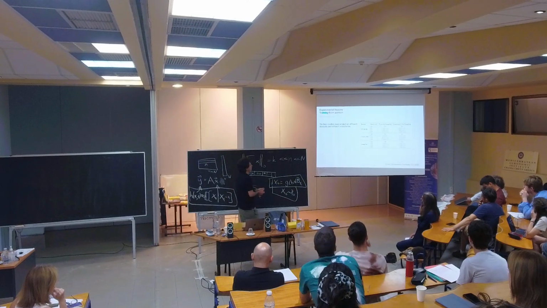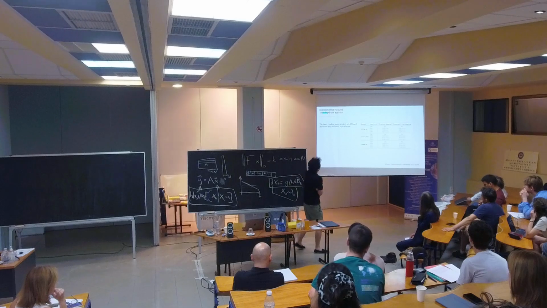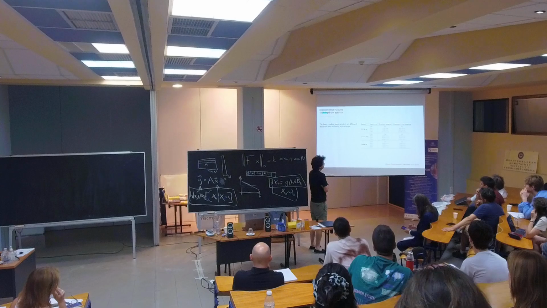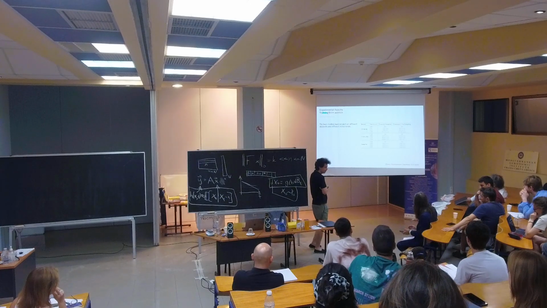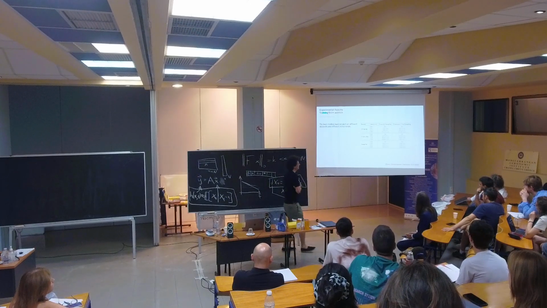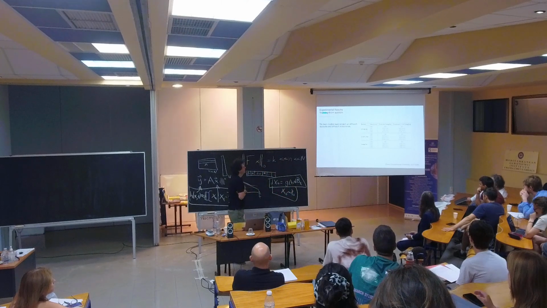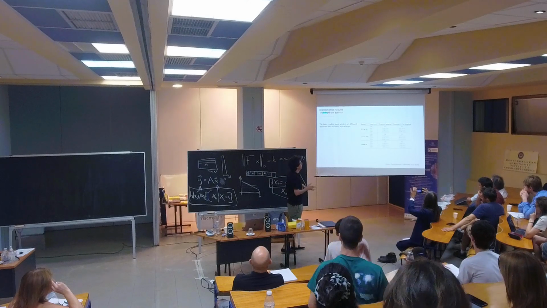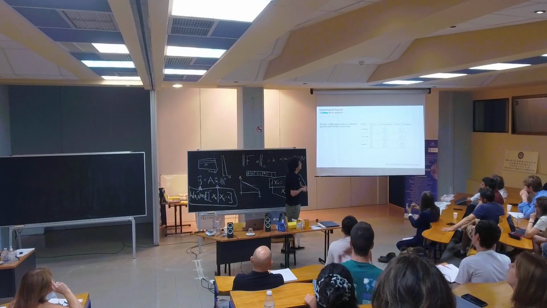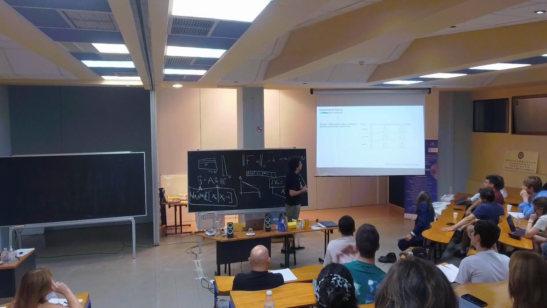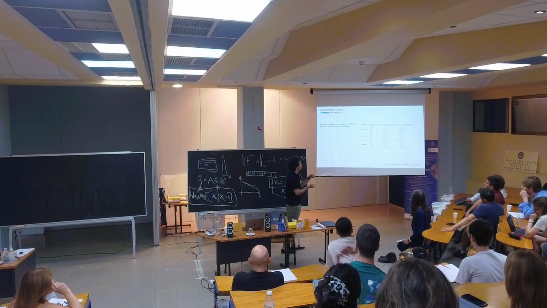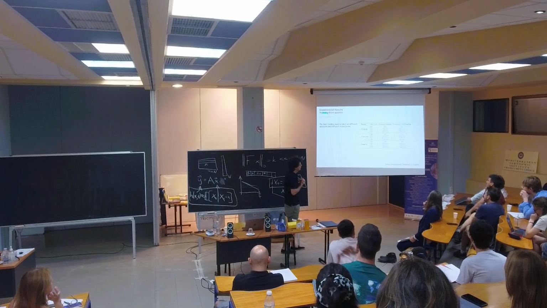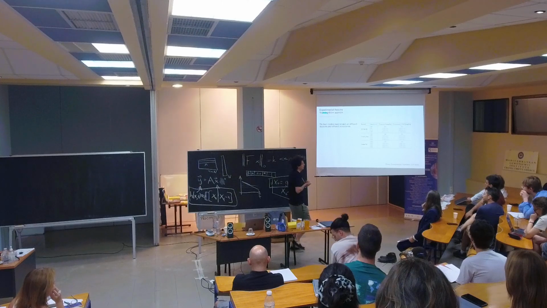So here are some practical figures. Here we compare to what people do in practice. On different datasets, CIFAR, CelebA, and ImageNet, we trained using this consistency approach and without consistency.